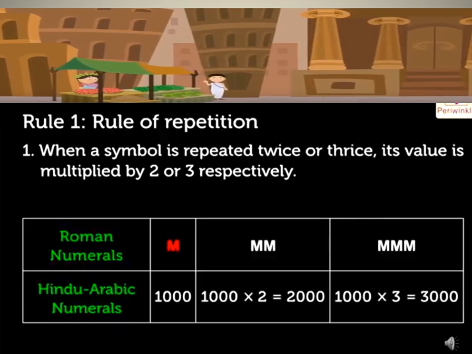For example, M is equal to 1000. MM is equal to 1000 multiplied by 2 is equal to 2000. M 3 times is equal to 1000 multiplied by 3, which is equal to 3000.